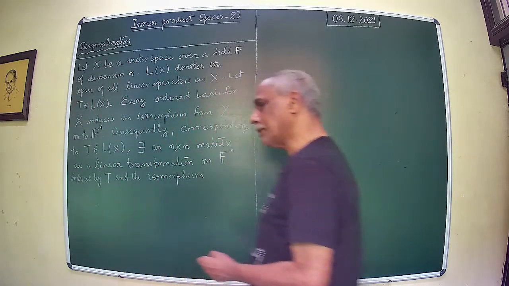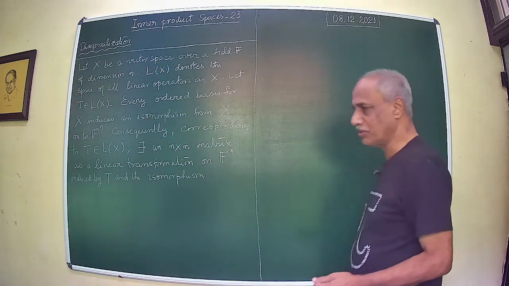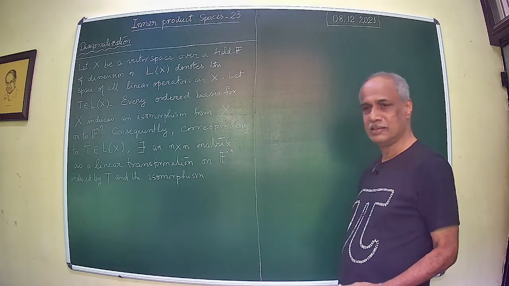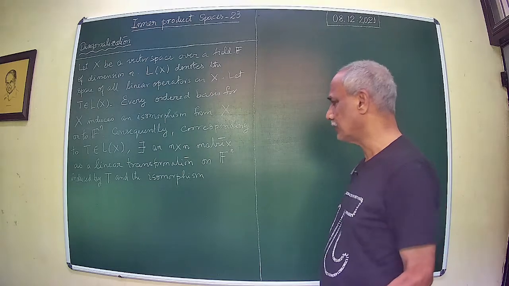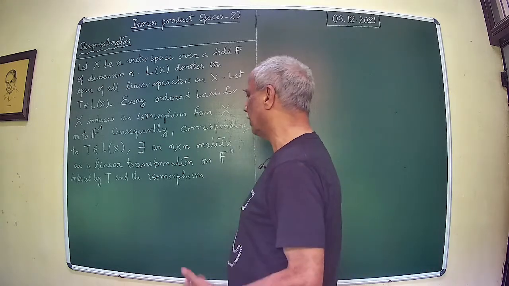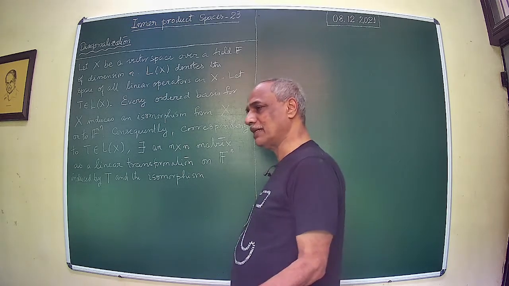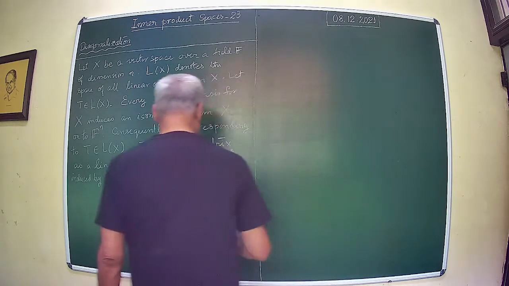See, the important point is that the isomorphism is not unique, because the choice of the ordered basis is not unique. Therefore, the isomorphism is not unique. Therefore, the matrix representation that you get for T is also not unique.